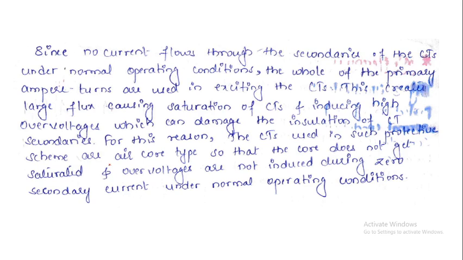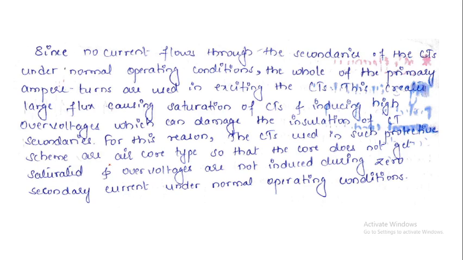Okay, so what happens under normal operating condition? There is no flow of current in the secondaries of the CT. Because of this, the primary ampere turns are used directly for exciting the CTs, which is going to create a flux that causes saturation of the CTs and induces over voltage, which can damage the insulation of the CT.